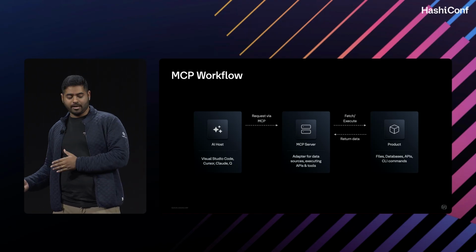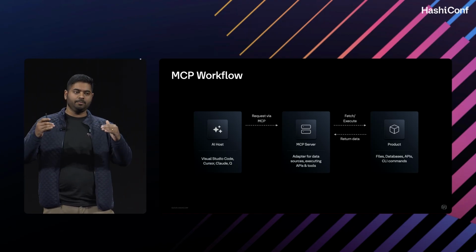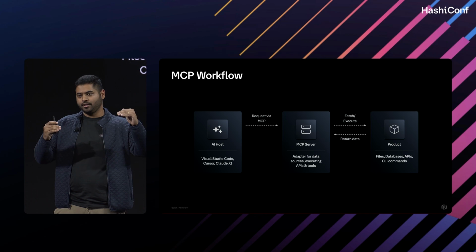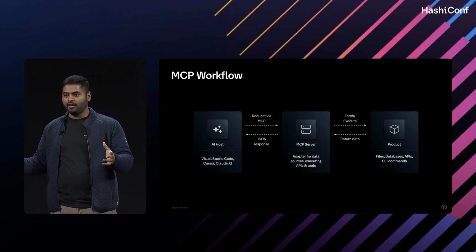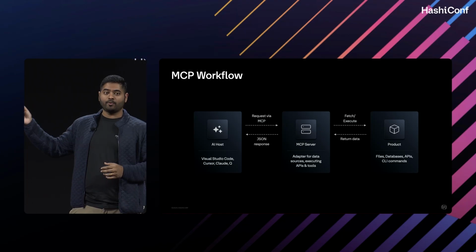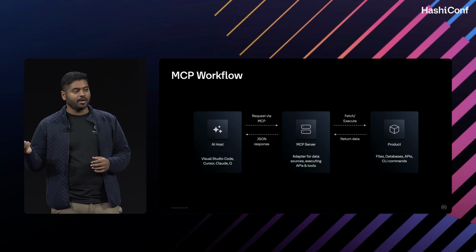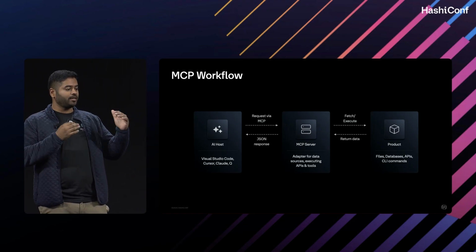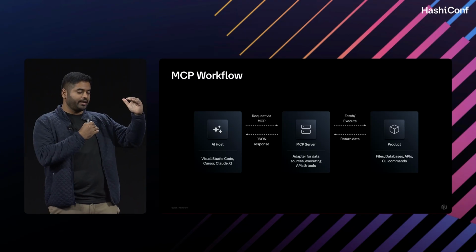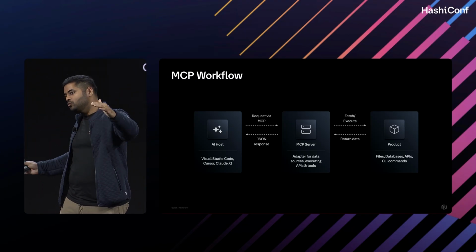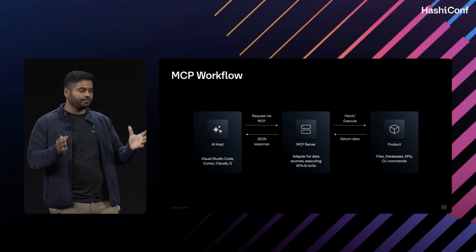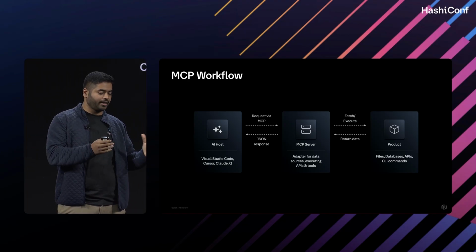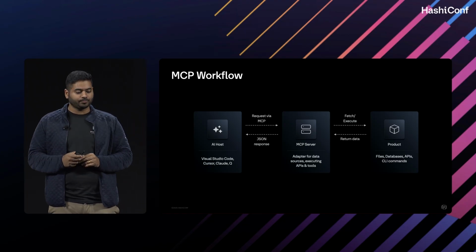It returns the data back to the MCP server, and then the MCP server formats it for the actual AI host to be able to understand it. This last step is, I think, more important than a lot of people give credit for, because you can essentially reduce context. Your API responses might be huge. You want to trim it down so that you don't bloat the context in your models, right?